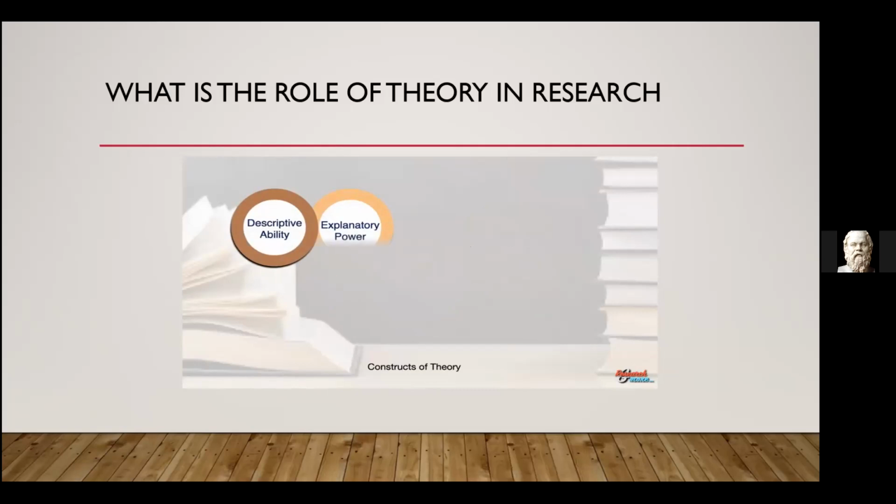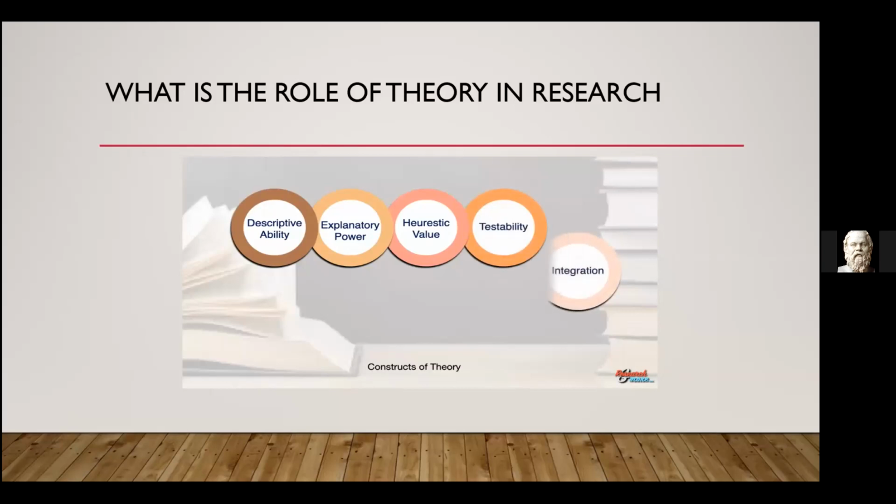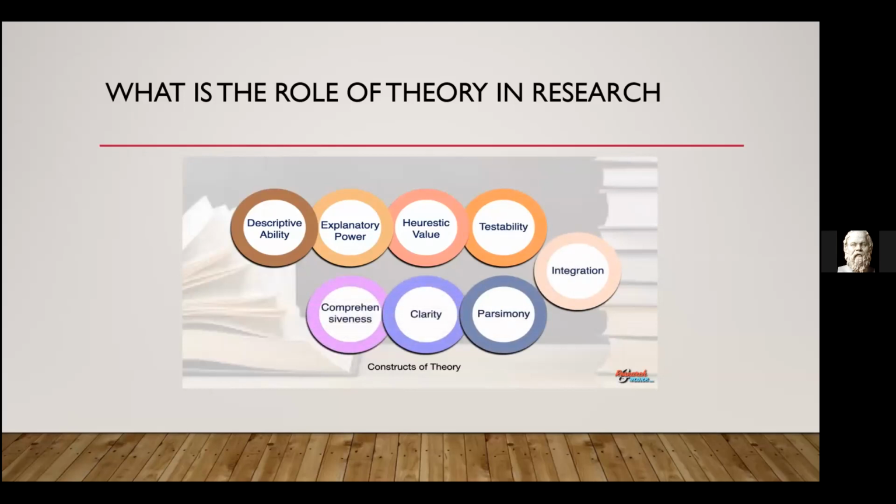It should also have explanatory power, bring about heuristic value, be testable, allow integration, have parsimony, be able to show clarity, be comprehensive, and enable delimitation. These constructs are based on the fact that theory generates research and research generates and refines a theory.